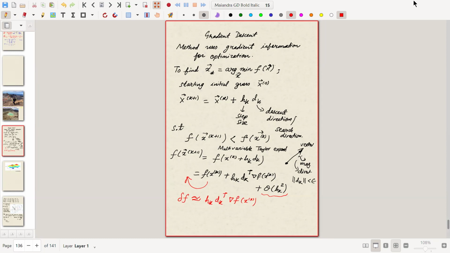So the left side is a value, and this side should also be a value, no? This side can't be a vector. A value can't be equal to a vector. So there is a very important term which I have missed. What is that? You have to take a dot product of these two vectors: dk transpose gradient of f at xk.